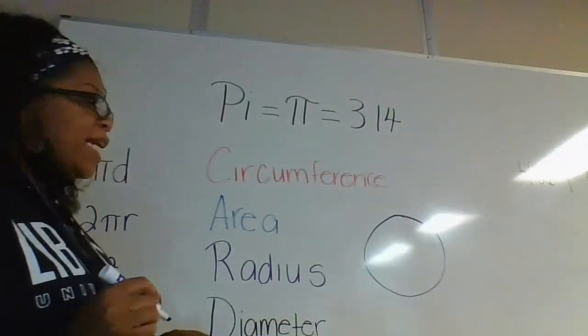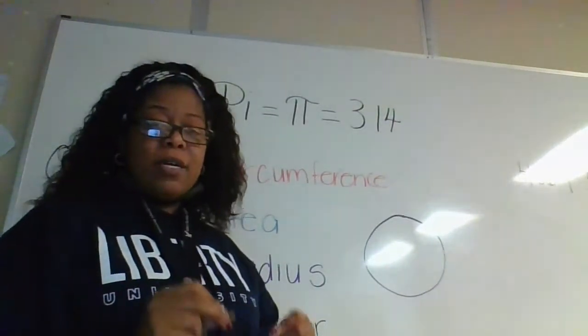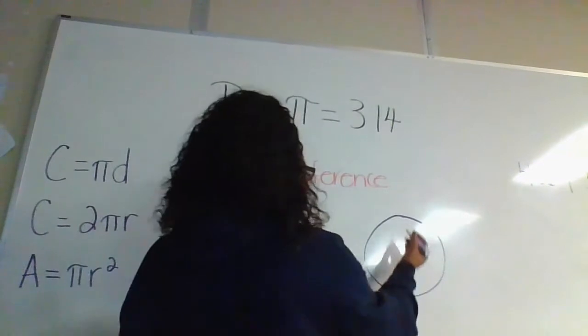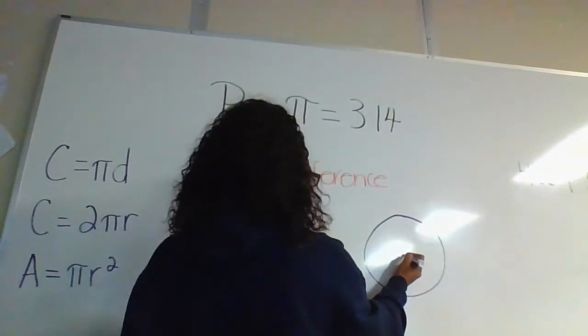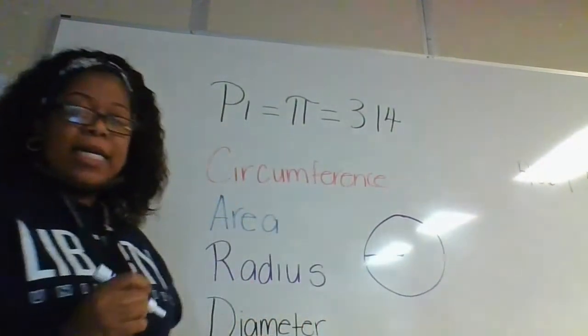And so the radius is when we measure from the halfway point of the circle. So I'm going to call this half, and then I'm just going to simply draw a line. Okay, like such.